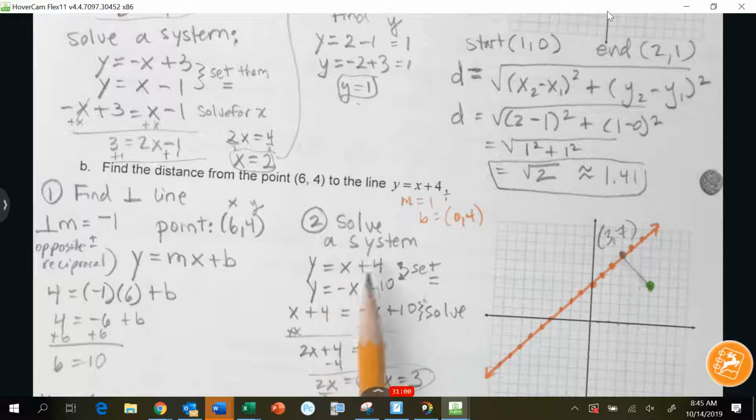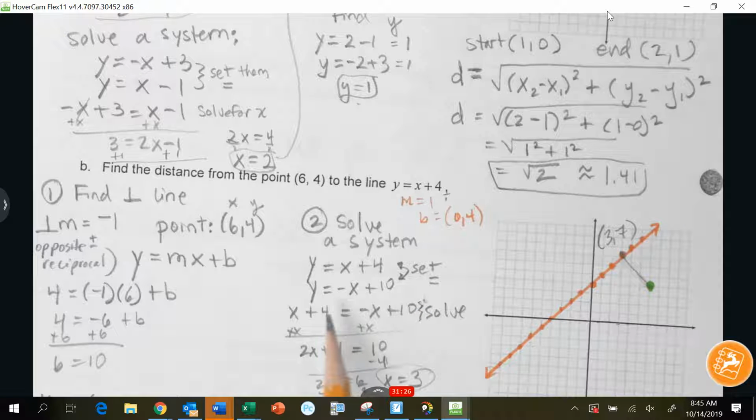When I have y equals x plus 4 and I had y equals negative x plus 10, what did I do in my next step? I set them equal.